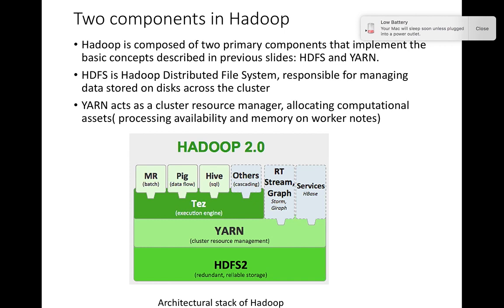Another part is called YARN. In fact, YARN only came in the new version of Hadoop. The old version, Hadoop 1.0, does not have YARN. YARN only exists in Hadoop 2.0.